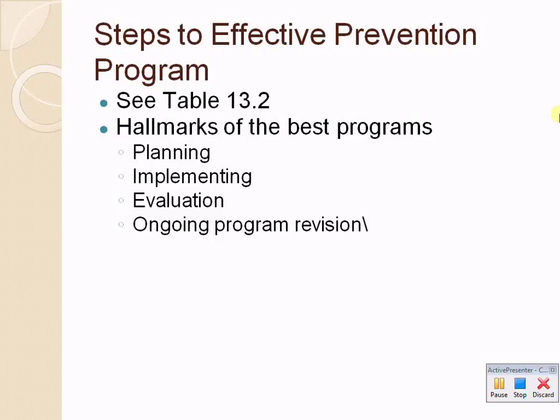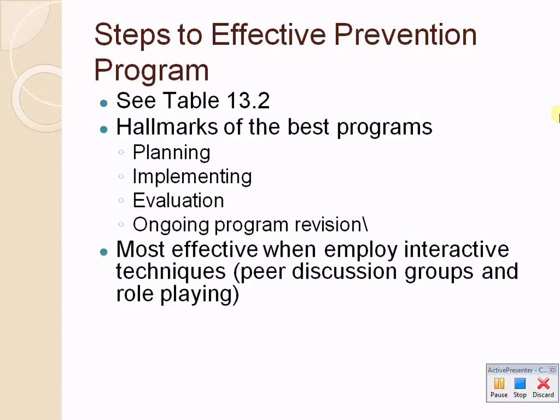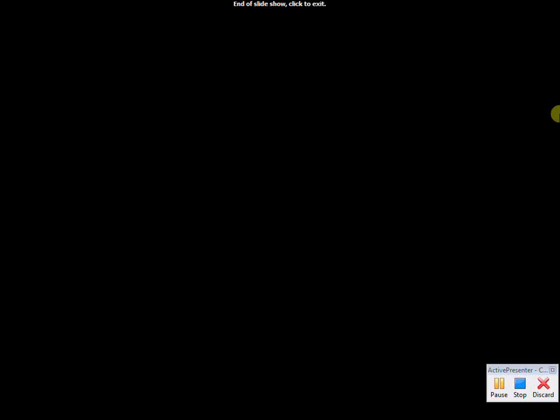There's proper planning, there's proper implementation, there's evaluation of success. We're looking at measurable outcomes. Is this working or is it not? If it's not working, what are we doing to make it better so it will continue to work? So we're tracking data. We call that evidence-based programming or data-driven decision making. This is most effective when we're working from an interactive technique, period. So peer discussion groups, role-playing, modeling, etc.